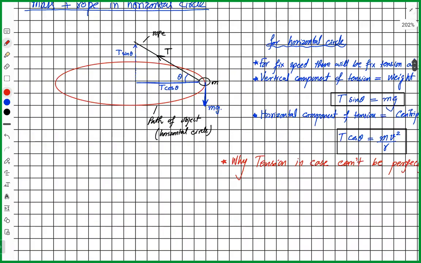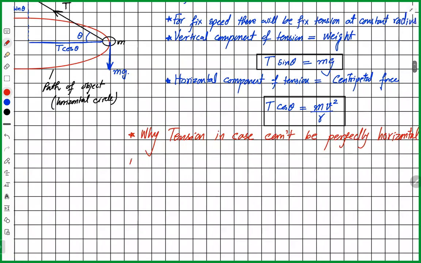Okay, so the answer will be: there must be a vertical component to overcome weight.